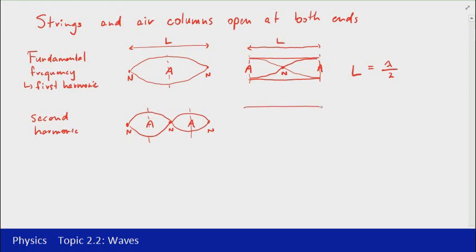Similarly for the air column open at both ends, we're still going to have an antinode at each end, and an antinode in the middle as well, which means we're going to have nodes in between them. The shape we get there would look like that, and in both cases the length is now going to be equal to the wavelength of the tone itself.